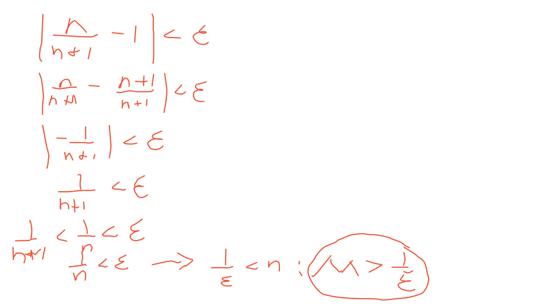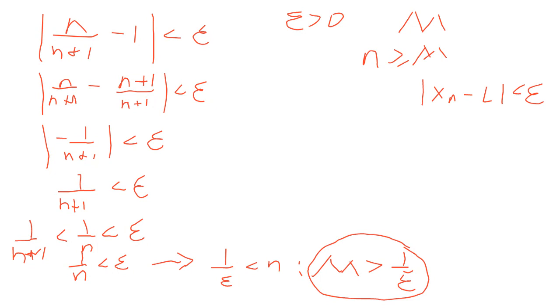Remember, I'm going to go back and read the definition I gave you. To prove that a sequence converges to a particular limit L, you need to show that for every epsilon greater than 0, there exists a particular m such that for all n greater than or equal to that m, xn minus L is less than epsilon.